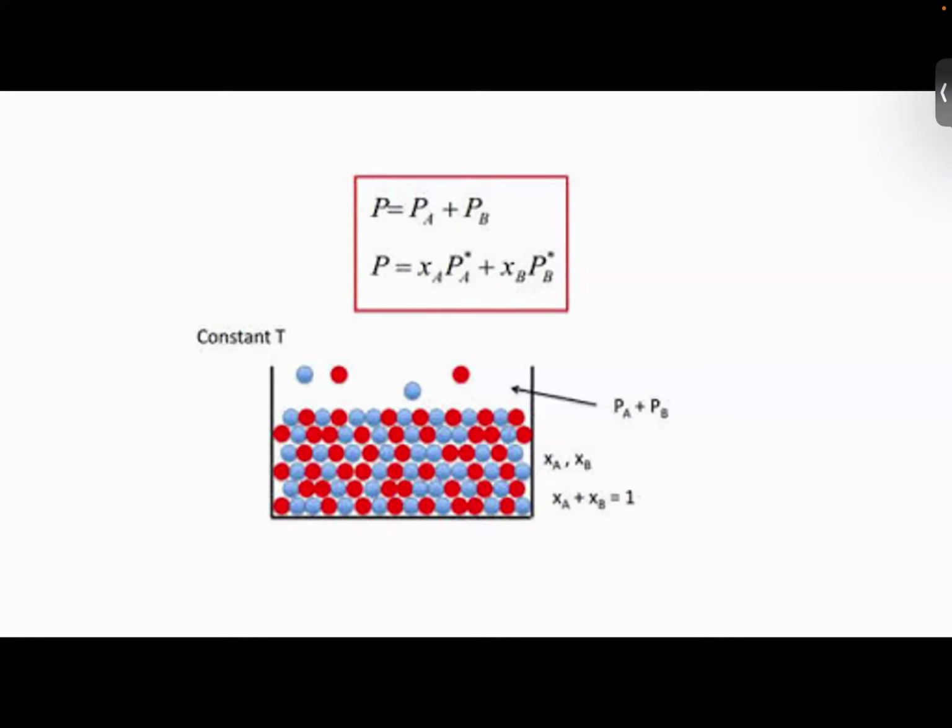And so you have to add to that the mole fraction of the solute times the pressure of the solute. I will say these equations in this PowerPoint will be given to you on the test.